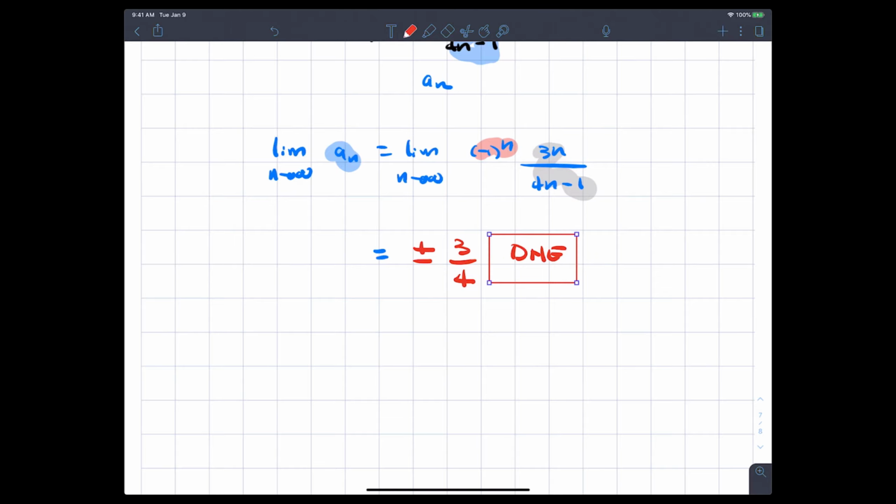Now, if you're up with your homework, and hopefully you are, right? Let's ask you guys, what does this particular mean? But more importantly, why? What does it mean to show that the limit of an does not exist? Anybody have an idea?